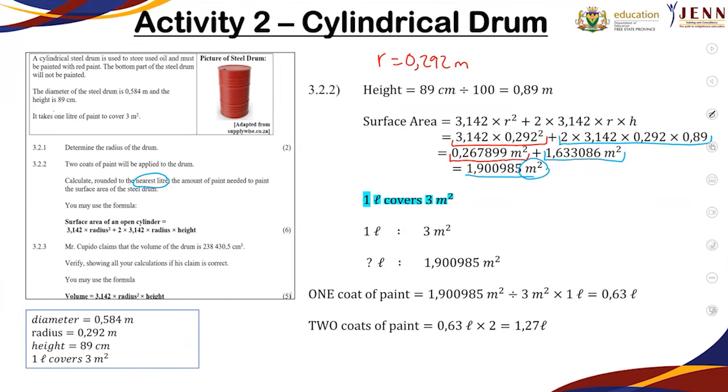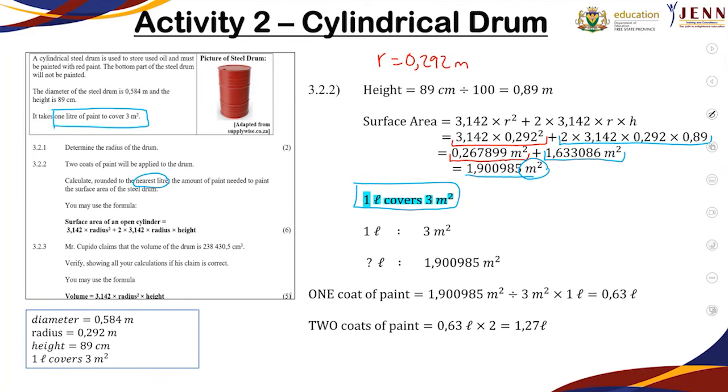Then I go to my story. 1 liter of paint covers 3 square meters. What I can do is put it in a ratio form.